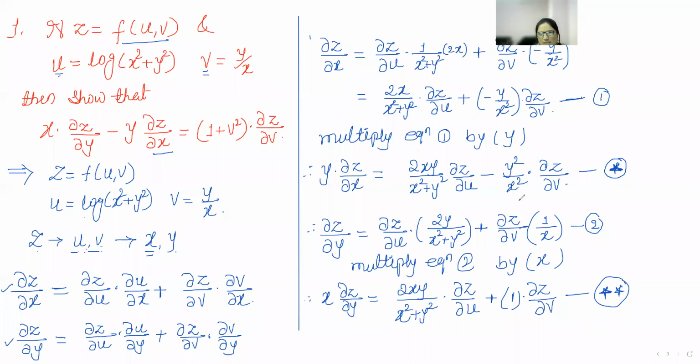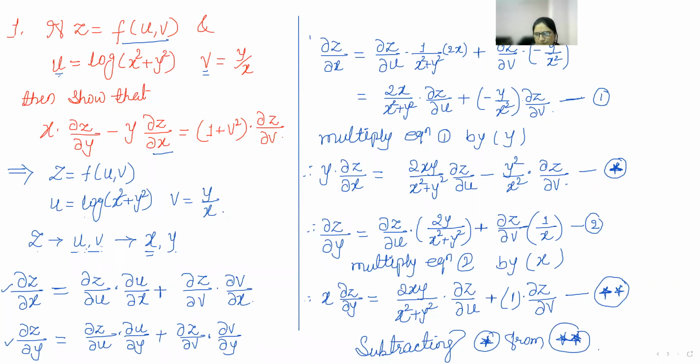Now subtract the star equation from the double star. So, subtracting star from double star. Okay.